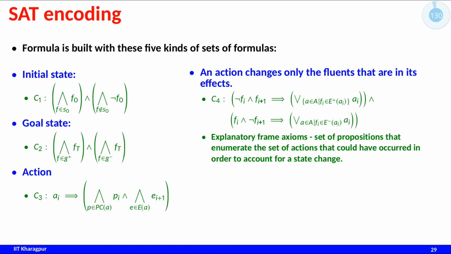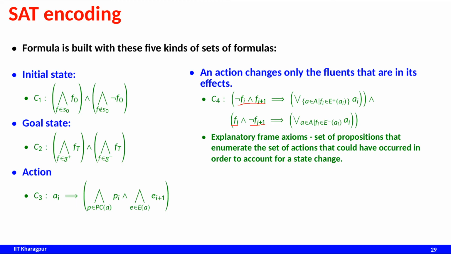In order to represent the change of state, we consider that propositions or fluents in the negated form in a particular state become positive in the next state, or if positive in the current state, they go into the negated form in the next state. That's what we have to represent.